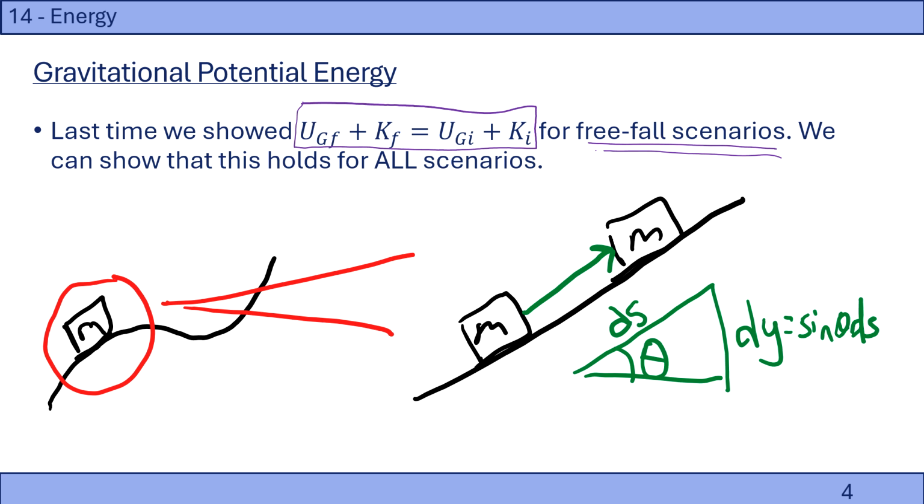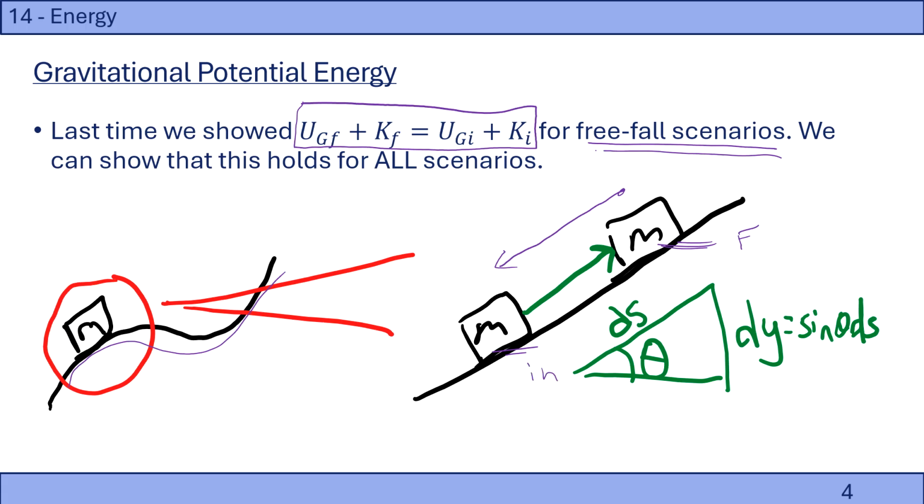But it turns out that we can show that this holds for all sorts of scenarios where you have something that goes up or down, even if it's connected to a ramp like this, right? This is very nice because we only need to look at the initial and the final state. This one's going up, so this is the final, and this is the initial.